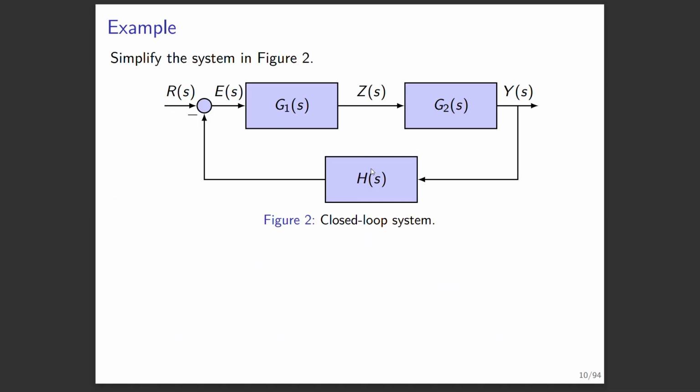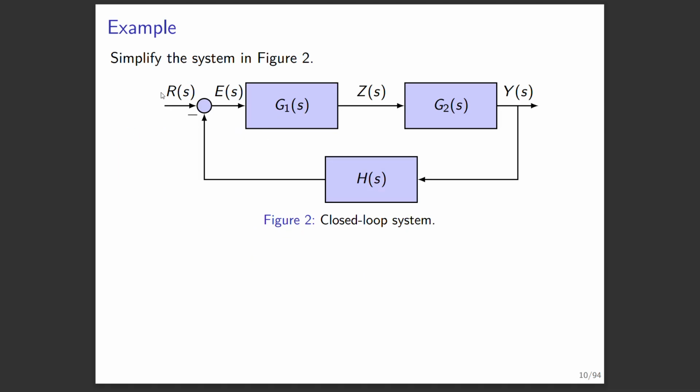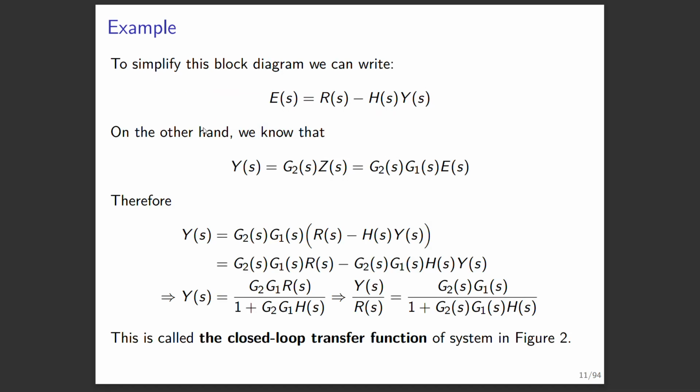Let's call this signal E, and then E of S would be R of S minus, so look at this, E is R minus H times Y. So this signal is Y of S. When it goes to H, the signal here would be Y times H. So E is R minus Y times H.